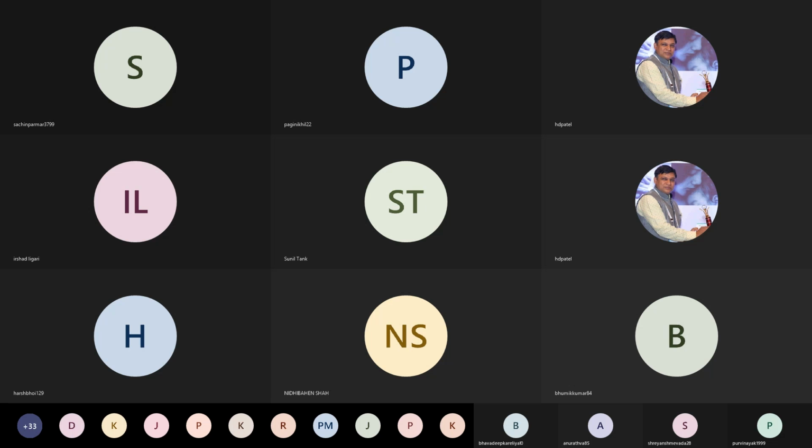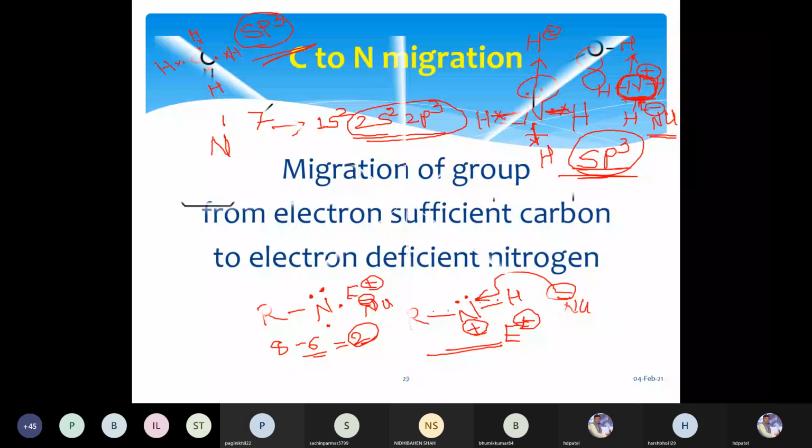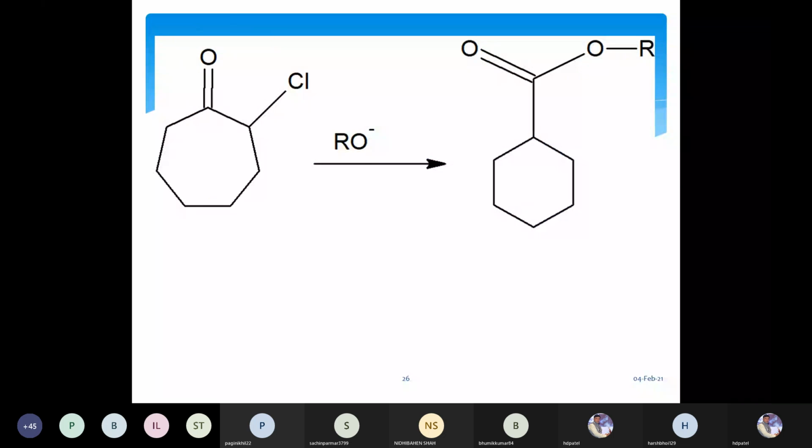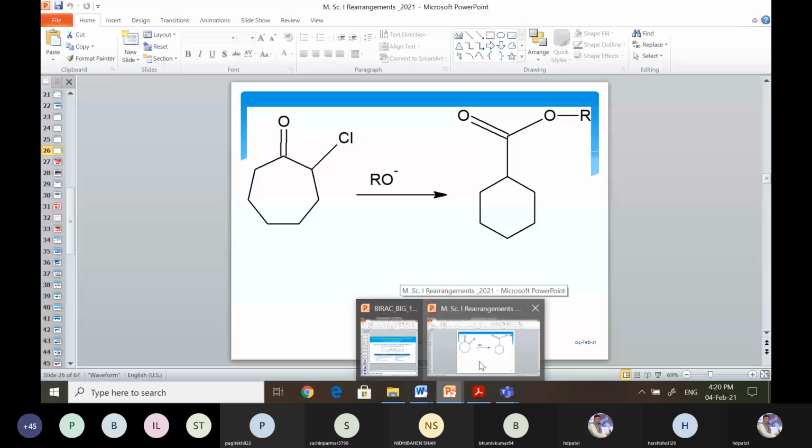I'm using the same platform which I have used earlier. Okay, sir, it's visible now. I have to keep my phone near to me only because there is some network issue. So okay.